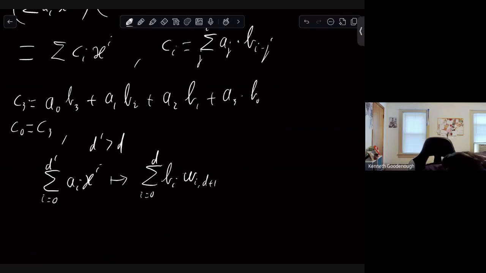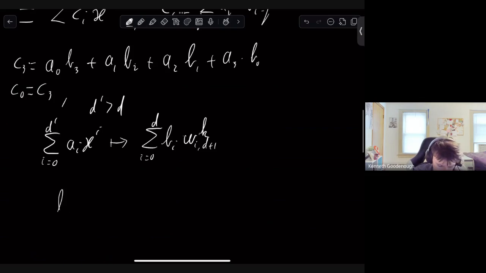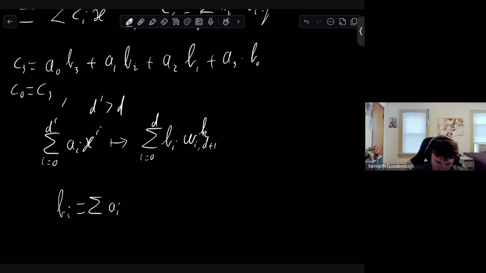Trying to be consistent with my notation here, but let's see. And what are these Bi's now? Well, the Bi's are going to be the sums of all the Aj's such that j is equal to i modulo d.